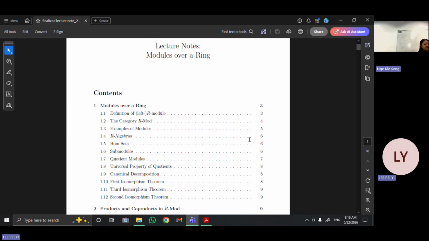So, good morning, everyone. Today I'm going to study one of the important topics in abstract algebra: modules over a ring. Module theory is important because it generalizes many structures we already know.